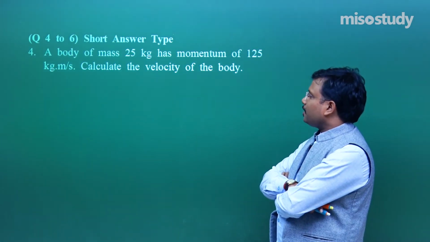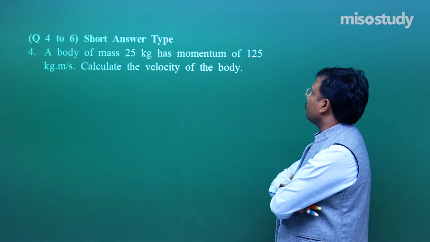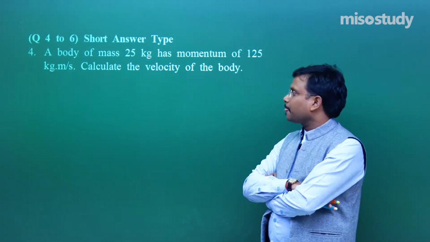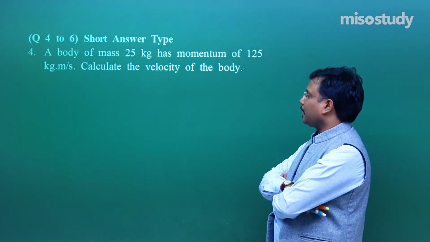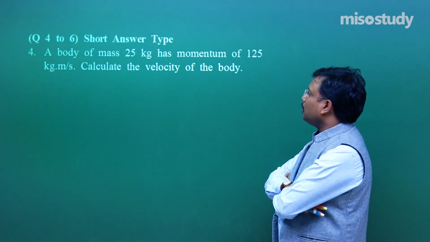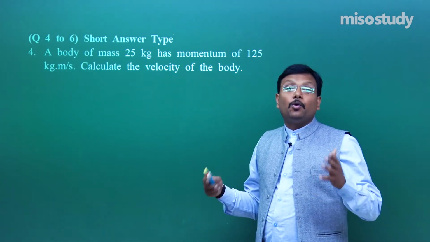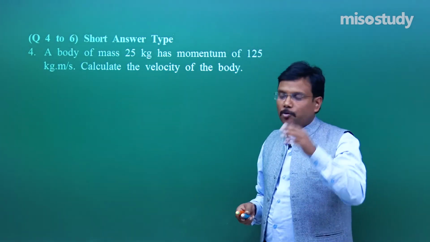A body of mass 25 kg has momentum of 125 kg meter per second. Find the velocity of the body. Fine. So, first we will try to find out what is given, then formula.